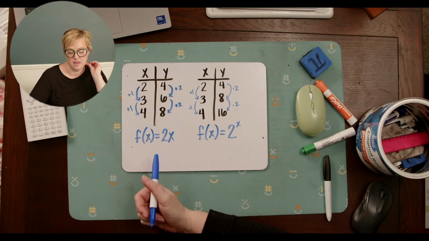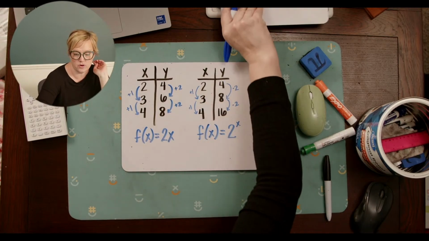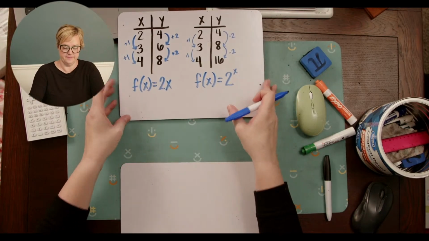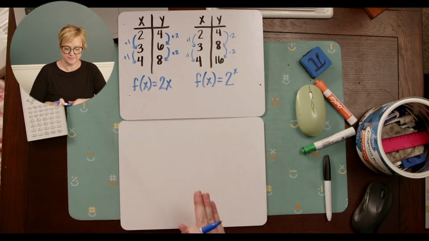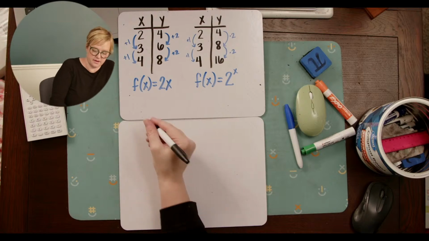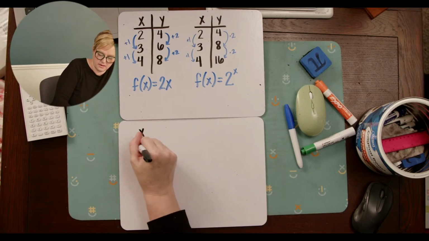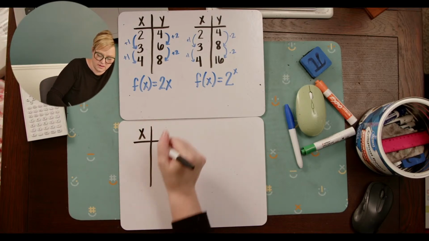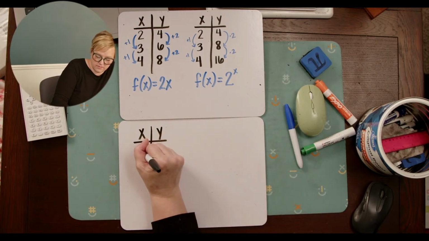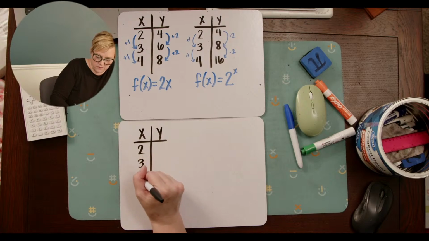Now, if you were to see something like, let me see. You've got, we'll stick with 2, 3, and 4.